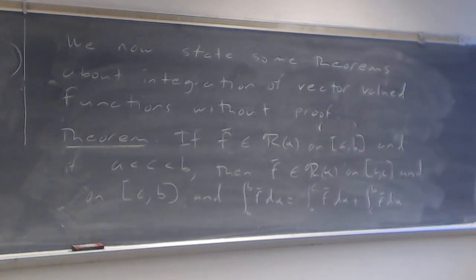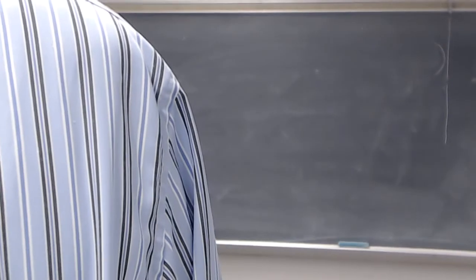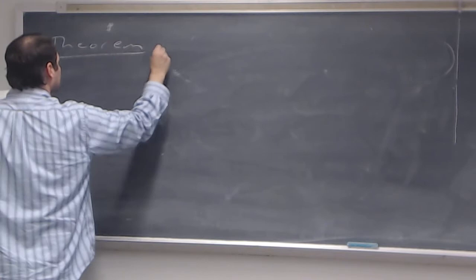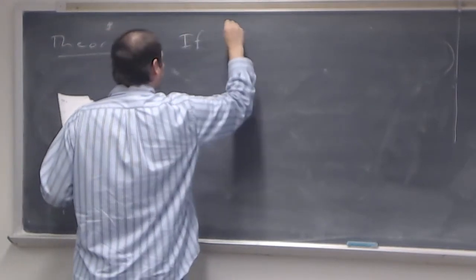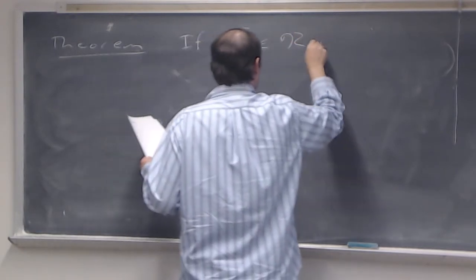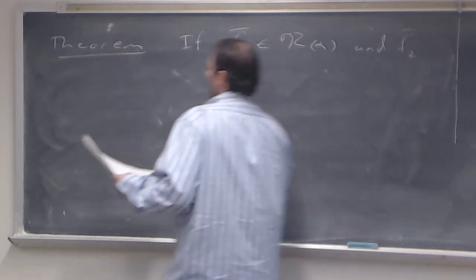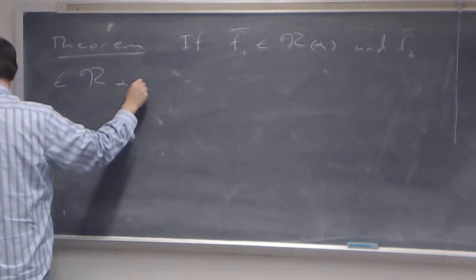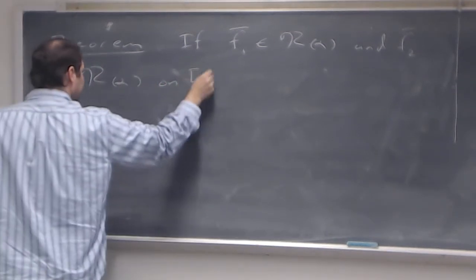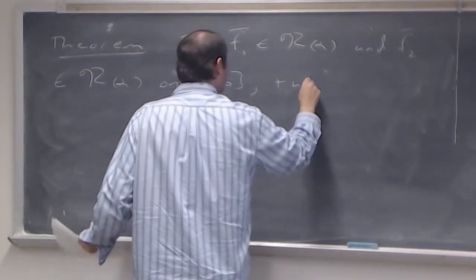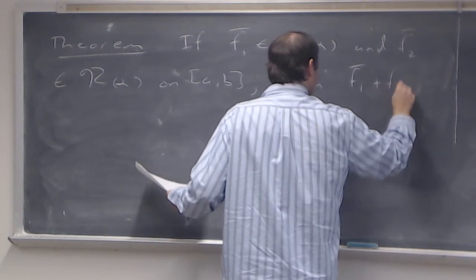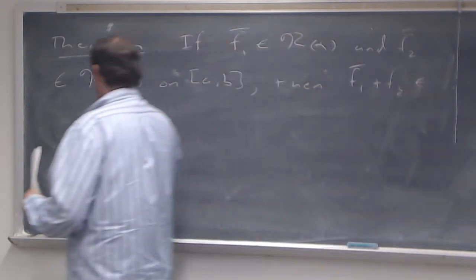Here's another theorem. If f sub 1 bar is Riemann-Stieltjes integrable with respect to alpha, and f sub 2 bar is Riemann-Stieltjes integrable with respect to alpha on a to b, then f sub 1 bar plus f sub 2 bar is Riemann-Stieltjes integrable with respect to alpha on a to b.